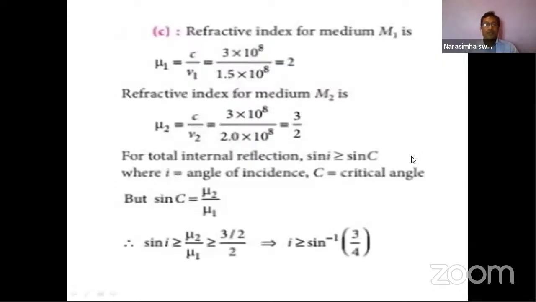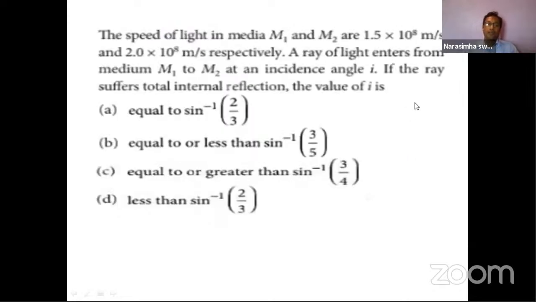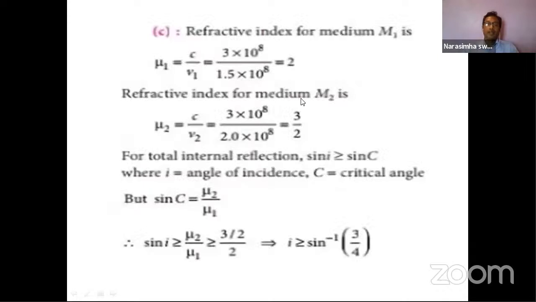So here is the solution. Refractive index of medium 1. In the morning we discussed the definition of refractive index: mu is equal to the velocity of light in air divided by the velocity of light in the medium.